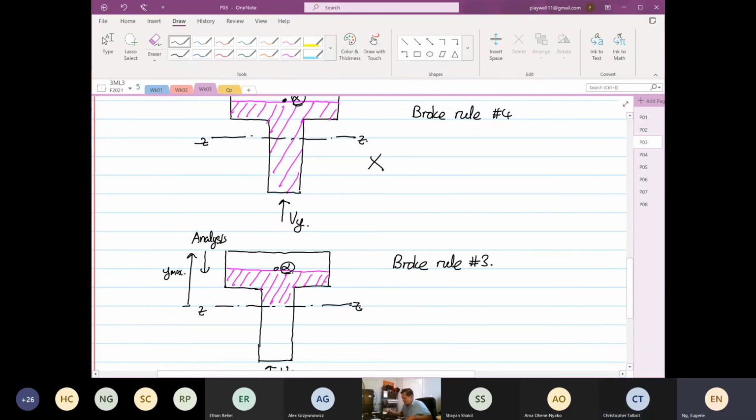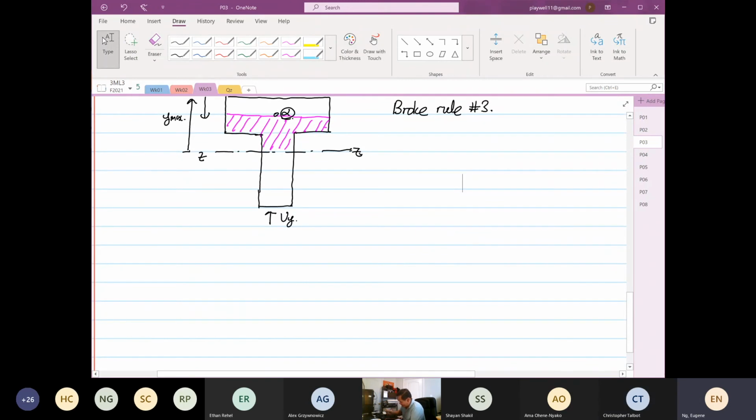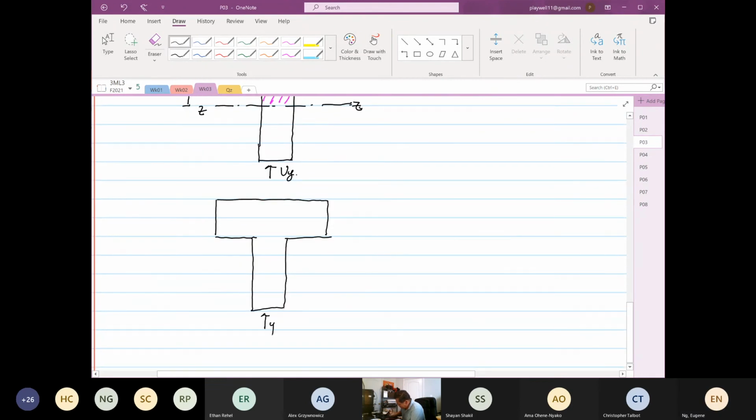So if it's Vy from the bottom, and if this is alpha, then I'll ask you, is taking this area correct?